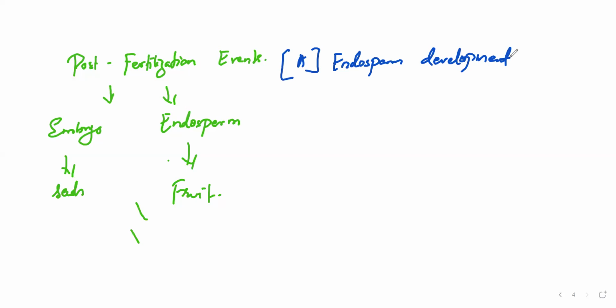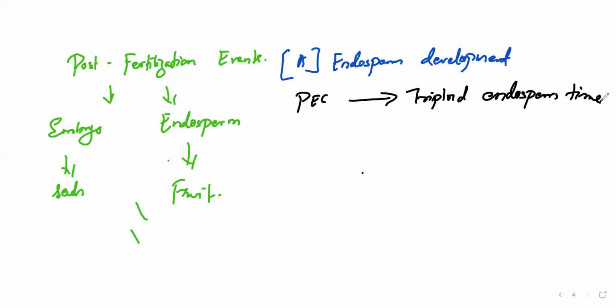The PEC is going to divide repeatedly. So when it divides repeatedly, what you're going to get is a triploid endosperm tissue, after repeated division.